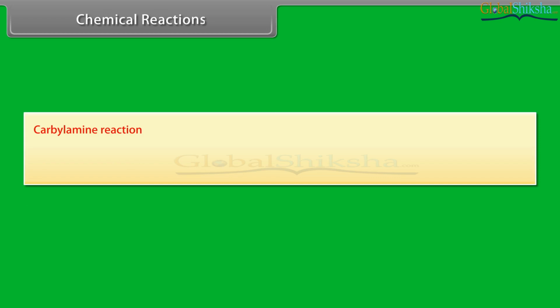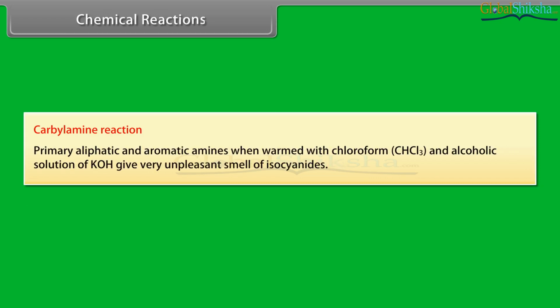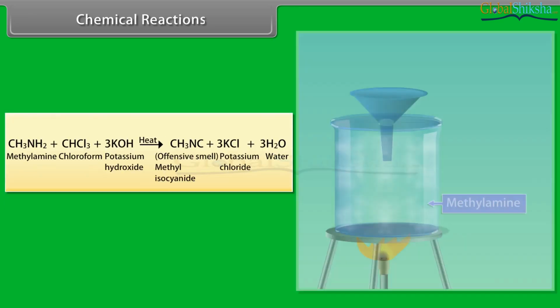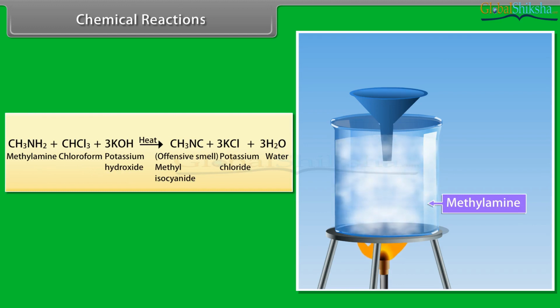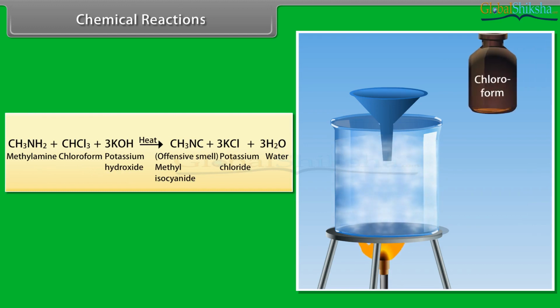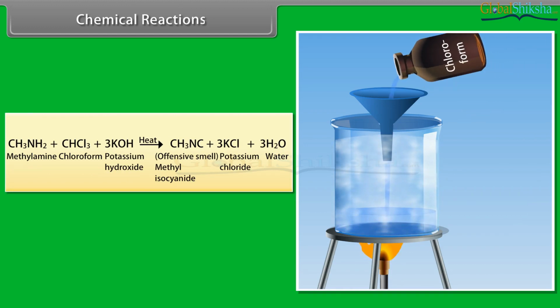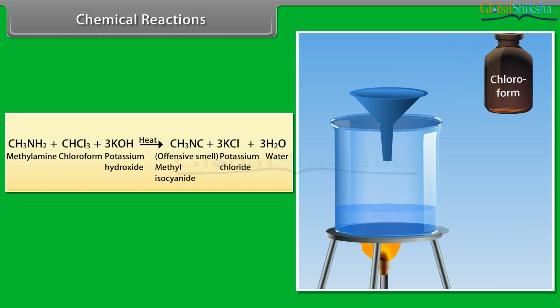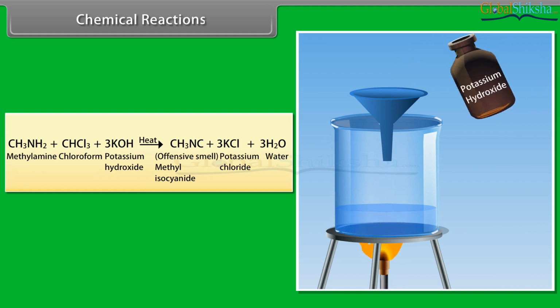Chemical reactions. Carbylamine reaction. Primary aliphatic and aromatic amines, when warmed with chloroform and alcoholic solution of potassium hydroxide, give very unpleasant smell of isocyanides. Chloroform and alcoholic solution of potassium hydroxide react with methylamine and form methyl isocyanide, potassium chloride and water.